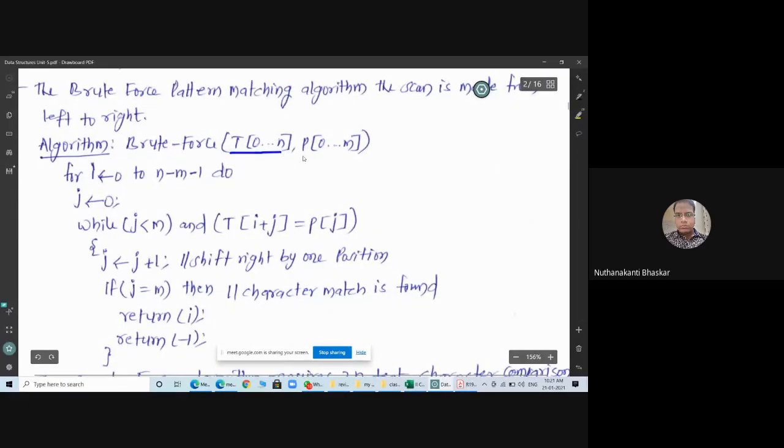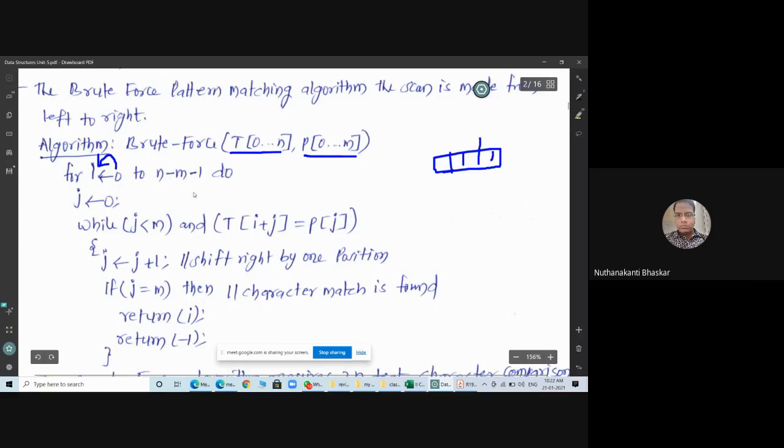This is the text and this is the pattern array. Initially, 0 is assigned to i, which is nothing but the text indexing. We run up to n minus m, because the size of the pattern must be matched. Then j is the indexing of the pattern, which is also assigned 0 initially.